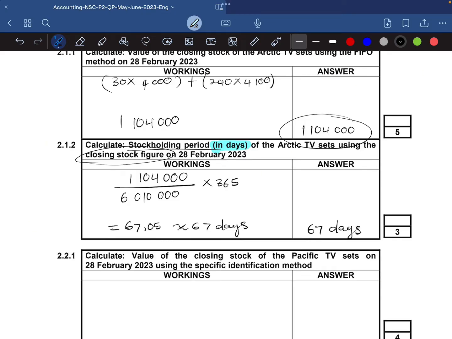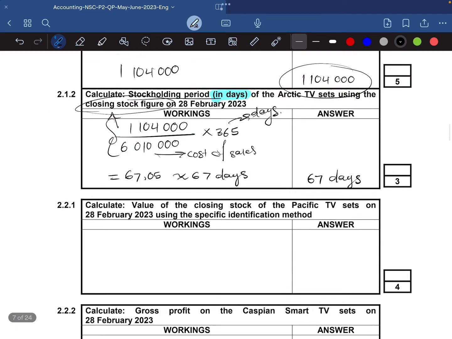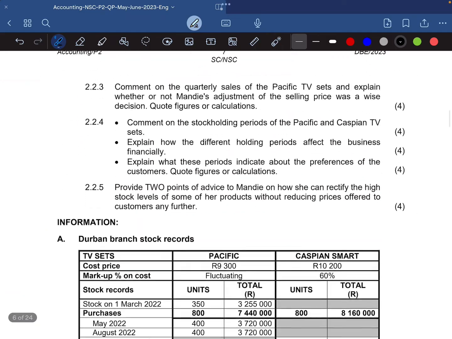So if you were confused in this formula, this is average closing average stock, but here they said we should use the closing stock, so it's not really an average. We're just using the closing stock figure over our cost of sales. Okay, if you're confused, and then these are just days because we have 365 days, right? And then 2.2.1, I think we need to go back to our information quickly.